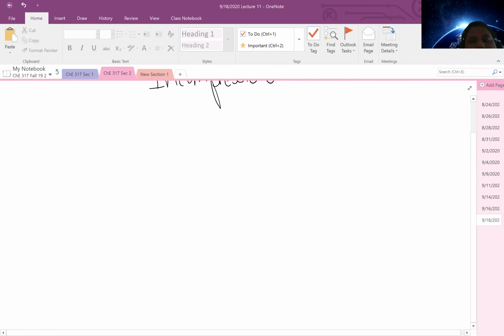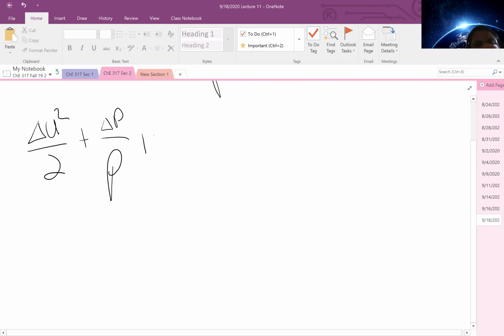So this week we've mainly been looking at how to fully solve the mechanical energy balance, now accounting for our wonderful friend, frictional dissipation.